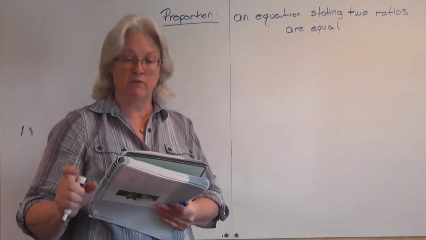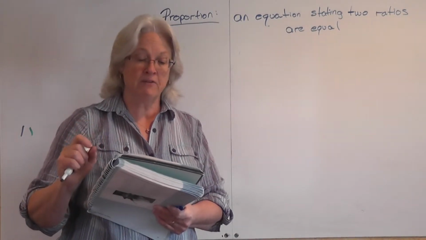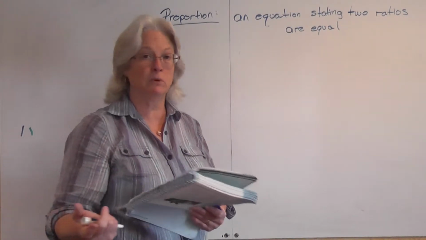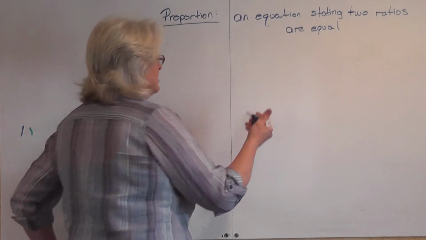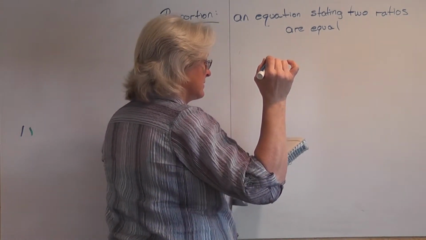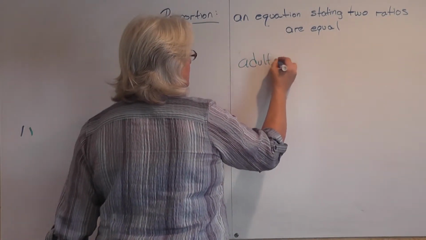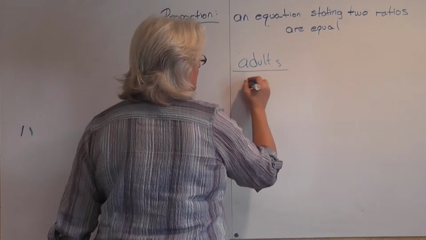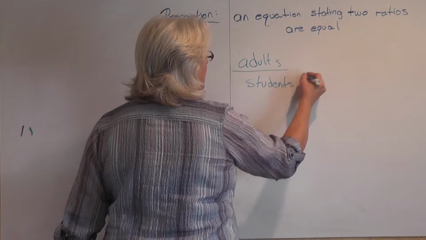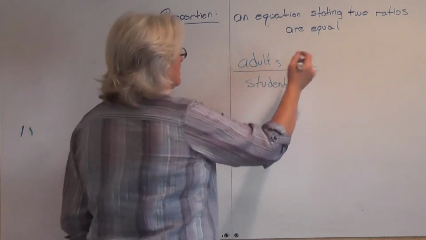The ratio of adults to students on a bus is 2 to 7. If there are 8 adults, how many students are there on the bus? Well, what information do we know? We know we have the ratio of, is it adults to students or students to adults? The ratio of adults to students is, do you remember that is means equals?